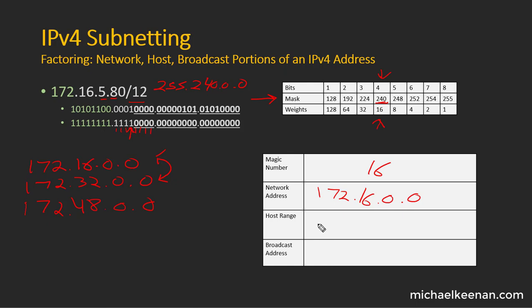And we can say that the valid host range is 172.16.0.1 all the way through 172.31.255.254. And the broadcast address is going to be 172.31.255.255. So there you have it, subnetting, and as you can see here, it's fairly simple once you know how to find the magic number.